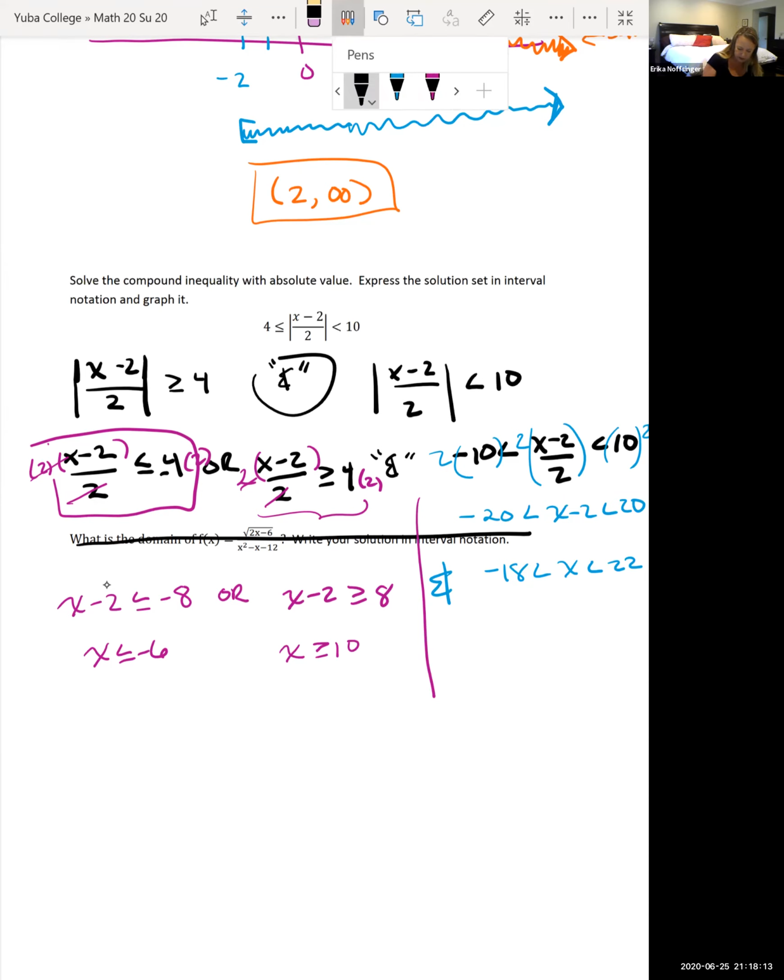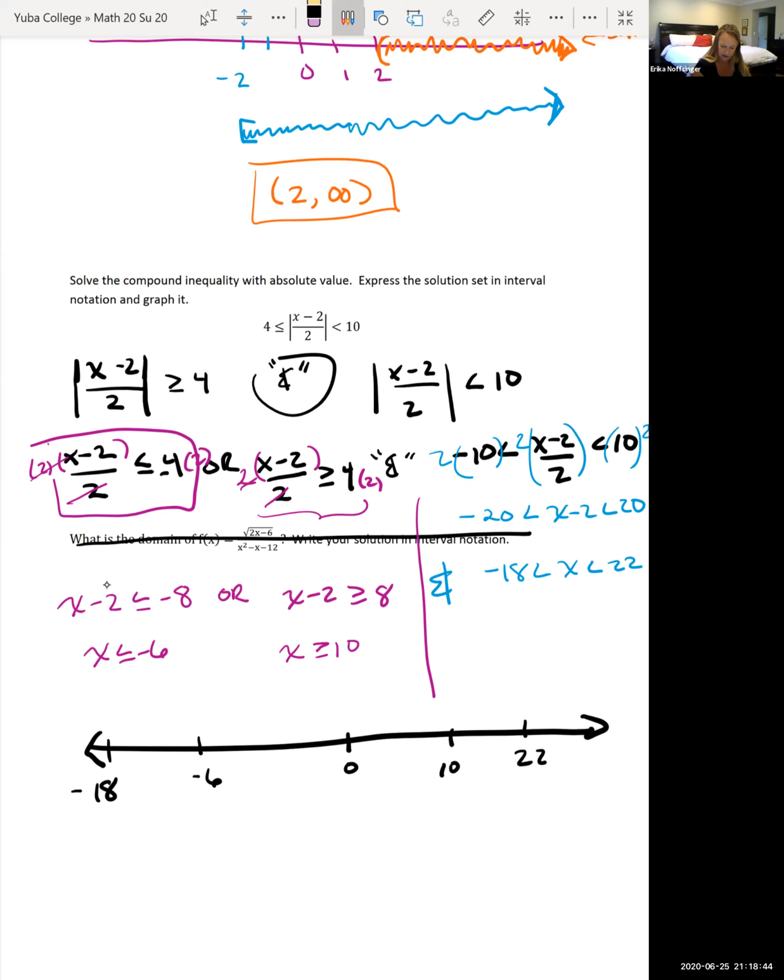I'm just going to put in values negative 6, negative 18. And for x is less than or equal to negative 6, that is a bracket and everything shaded to the left. Or means plus, x is greater than or equal to 10, so that's a bracket, everything shaded to the right.